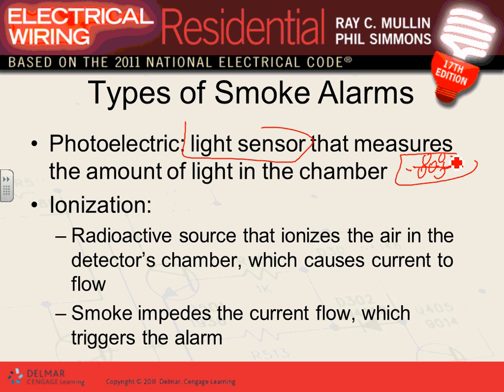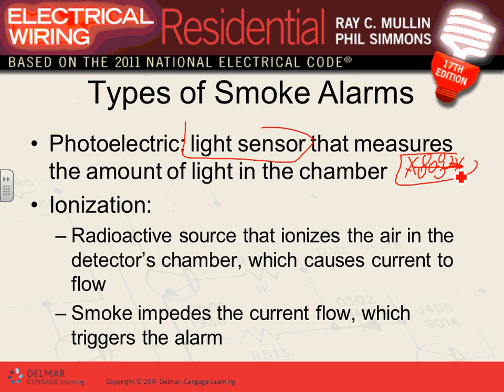When smoke gets into that chamber and fills it, the light sensor no longer can sense the light beam going from this point to this point. That interruption of the light beam is how they sense the existence of smoke. They call it the photoelectric smoke detector.